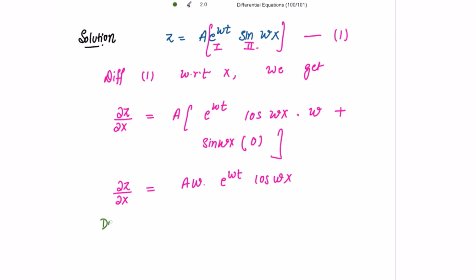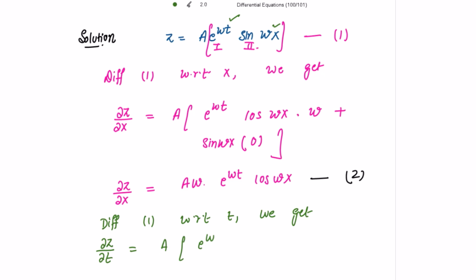Similarly, we need to differentiate the equation 1 with respect to t now. Why t? Because z is depending upon two variables, x and t, right? Z is a function of two variables. So now differentiating 1 with respect to t, we have partial derivative of z with respect to t to be equal to, let me mark this as 2. So this is a into first function into the derivative of second function, that is sine wx.